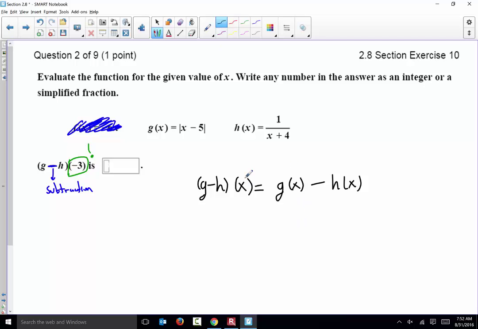Now instead of x, I have 3. Is it minus 3? Yeah, it's minus 3 actually. So instead of working with x's, I'm going to flip these notations into minus 3's each.